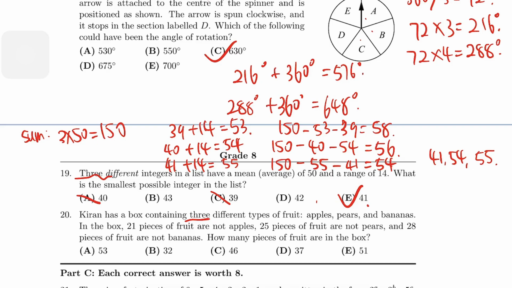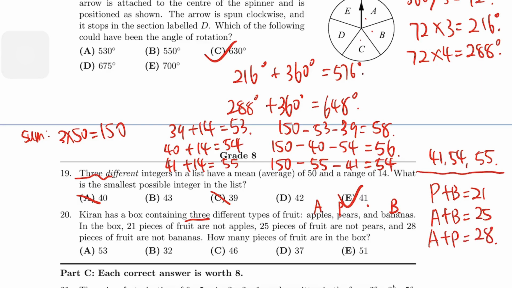Okay, so apple we can use as A, pear we use as P, banana we use as B. So P plus B is 21. And 25 pieces of fruit are not pears, which means A plus B is 25. And the next 28 is not bananas, which means A plus P is 28.